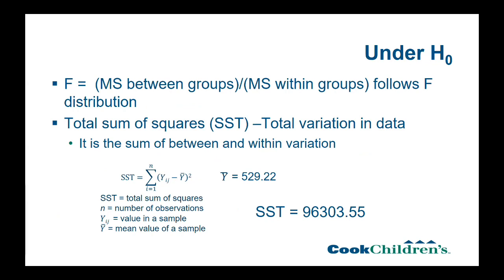So you want to calculate the total sum of squares for each of those. Based on that, we have the mean value of the sample as 529, and the total sum of squares as 96,303.